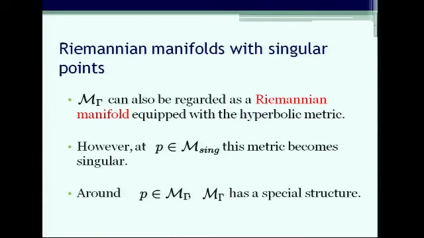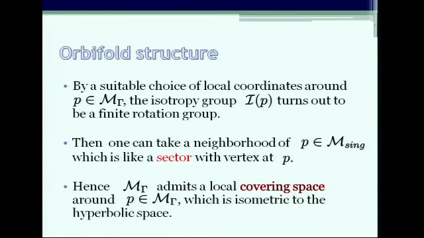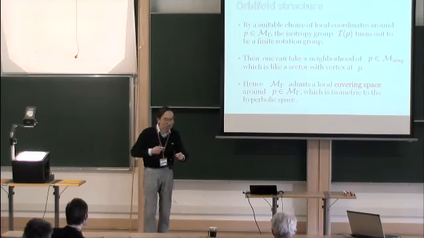And around this singular point, this quotient space has a special structure. By a suitable choice of local coordinates around this singular point, the isotropy group turns out to be a finite group of rotations.